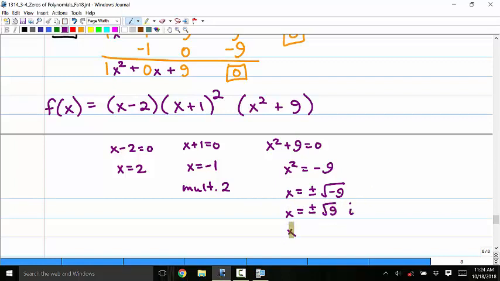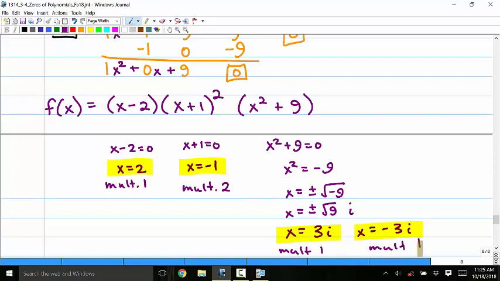So x equals 3i and x equals negative 3i. We have found all of our zeros. We were supposed to find the zeros and state their multiplicity. That multiplicity is 1, this multiplicity is 1, and this multiplicity is 1.